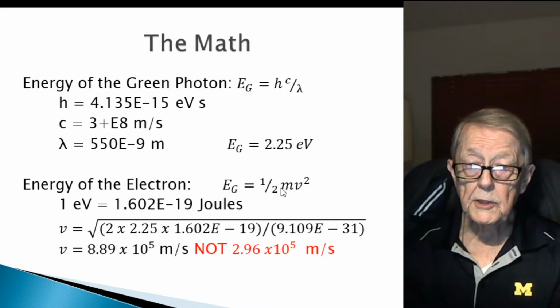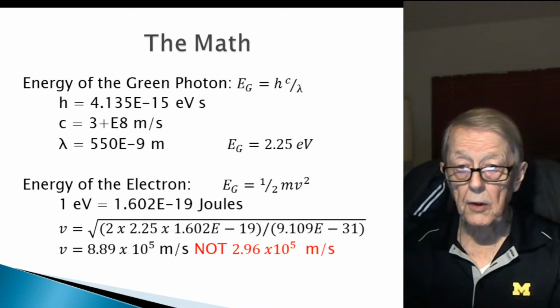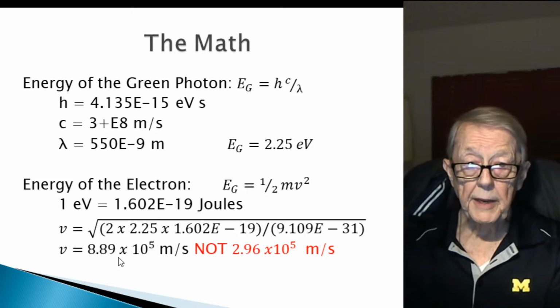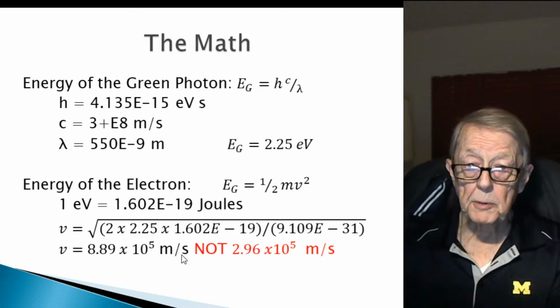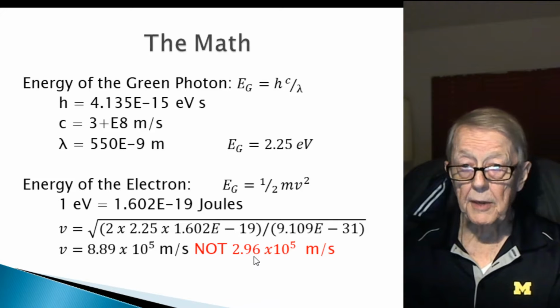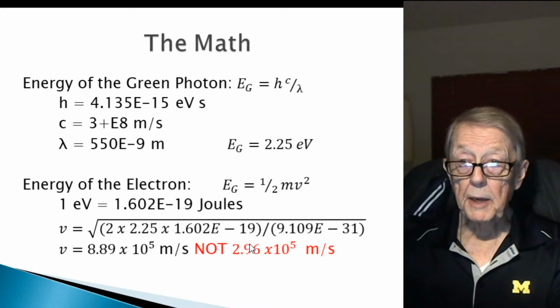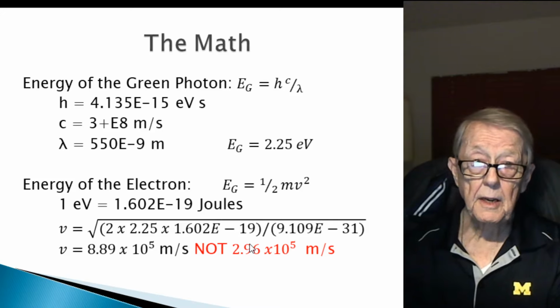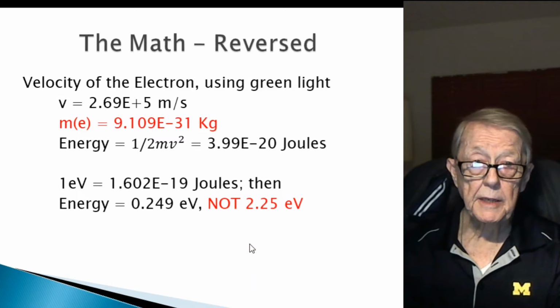When you rearrange this and solve for v, you get the equation, which is the square root of all this. And hence I get this number, 8.89 times 10 to the 5th meters per second, not 2.96. I looked at this several times. I must be making a mistake somewhere.